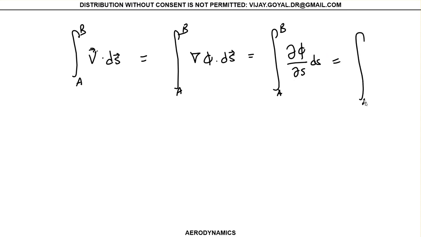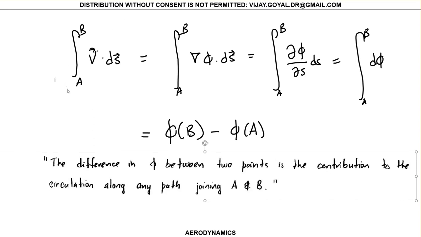So you really end up with the integral from A to B of d phi, and that gives you phi at location B minus phi at location A. So what this is saying is that this is nothing else than the contribution of your potential between 2 points. The difference between the potential of the 2 points is the contribution of the circulation along any path.